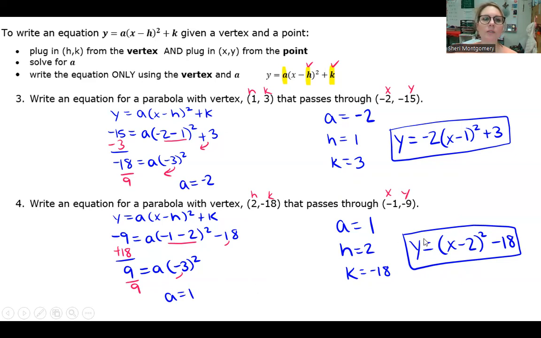If A is equal to 1, then what's in front of the parentheses is a 1. And then H is 2. Remember, it's opposite inside the parentheses. K is minus 18, so you have minus 18. If you made a mistake, did you figure out what it was? It was easy to fix. Any questions over 3 and 4?